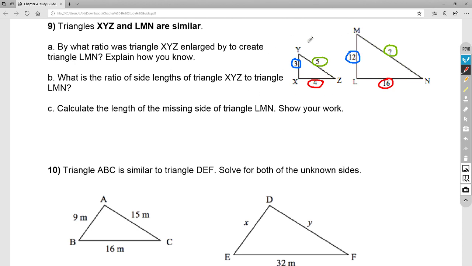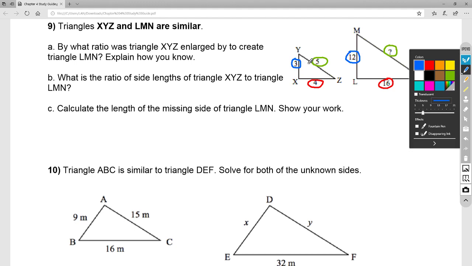So how is it changing? Looking at the blue sides, going from 3 to 12, what did they need to do? Well, they had to divide. Sorry, not divide. They had to multiply by 4, right? 3 times 4 is 12.